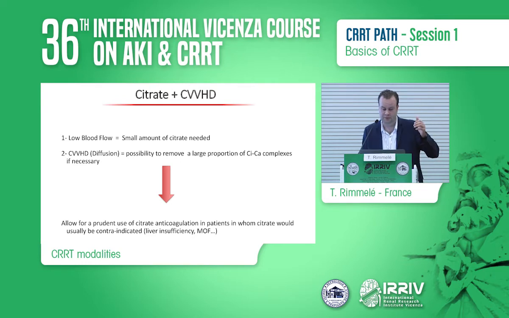Again, citrate plus CVVHD, you can work with low blood flow rate, so you give a small amount of citrate to your patient. It's diffusion, so if you increase your dialysate flow rate, you can remove a lot of calcium citrate complexes, but you can also do this with CVVH.